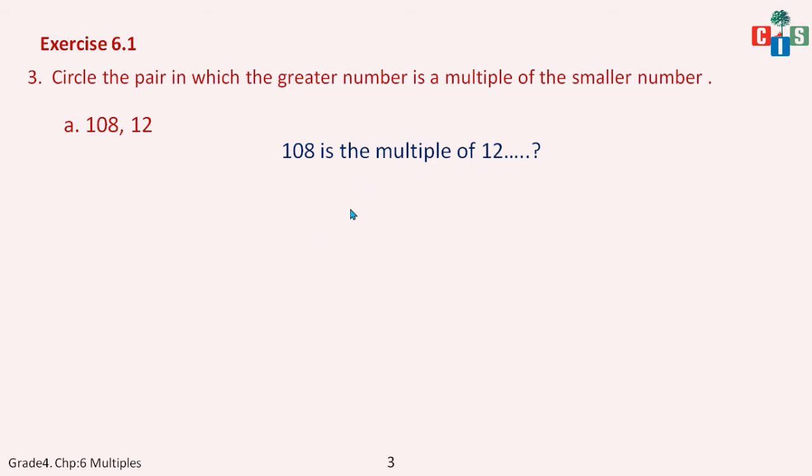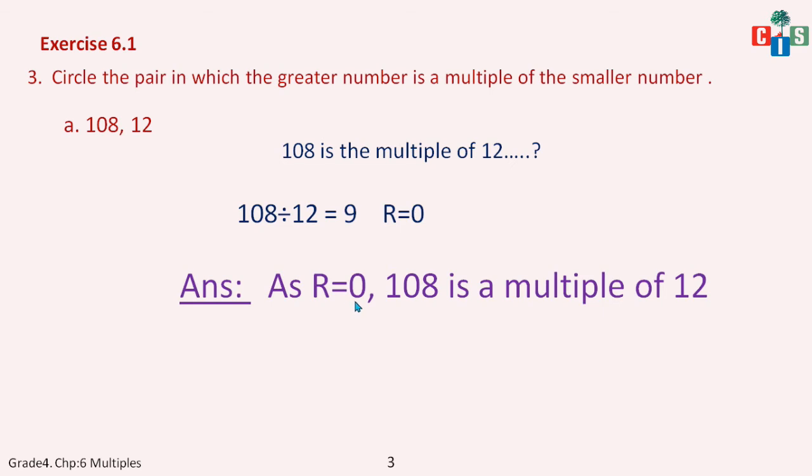So we will use division. 108 divided by 12 will be 9, with remainder 0. So my final answer will be, as the remainder is 0, 108 is a multiple of 12, because 12 nines are 108. That is, 9 times 12 is 108.